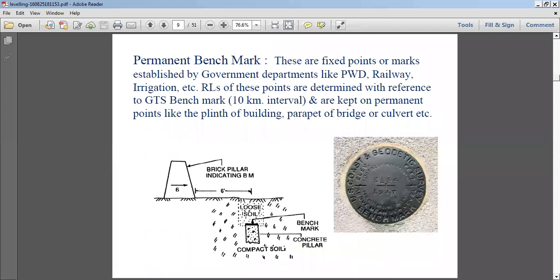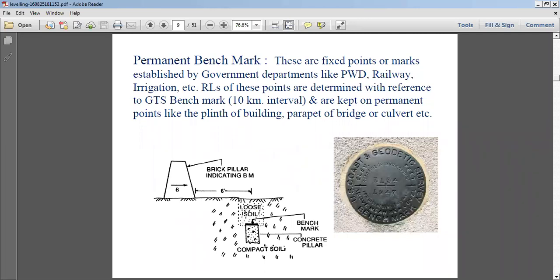So these are the permanent benchmarks. You can see them on any important public building or VIP buildings, which are established by the PWD or similar. Permanent benchmarks are fixed there, and all the levels are permanently marked on that point.